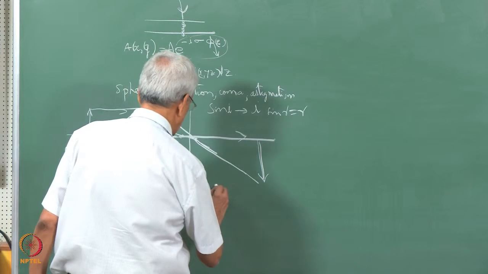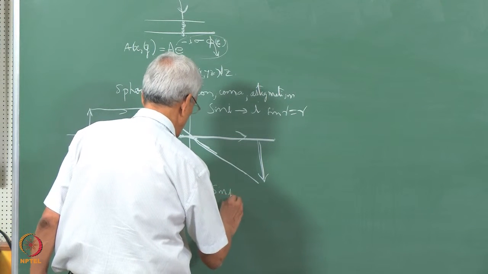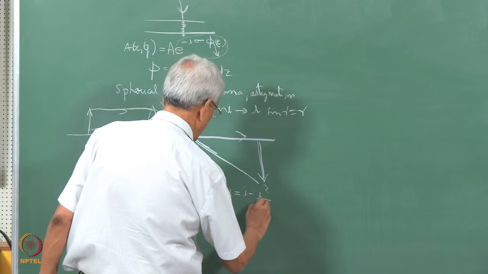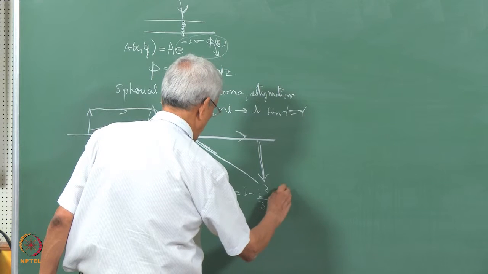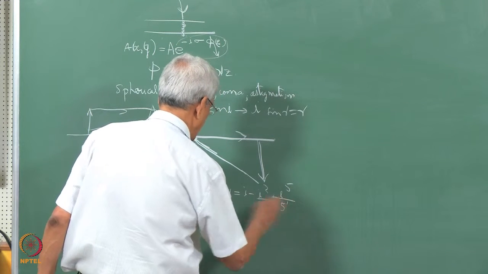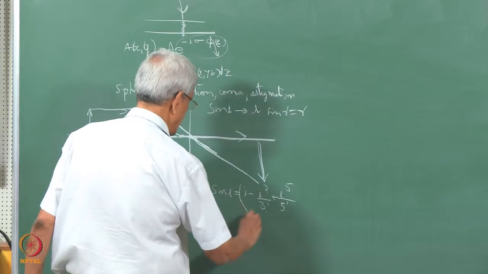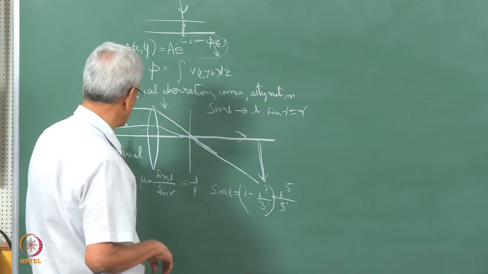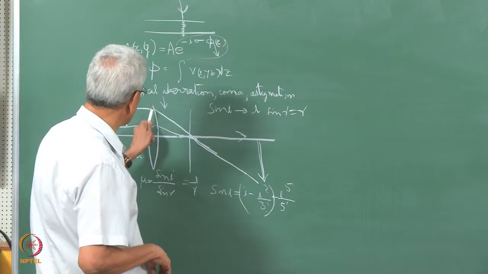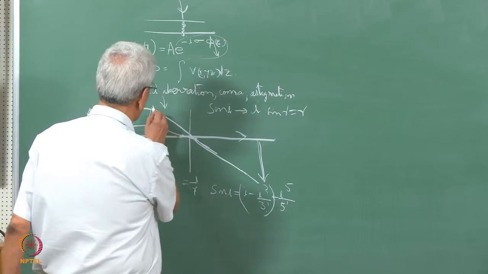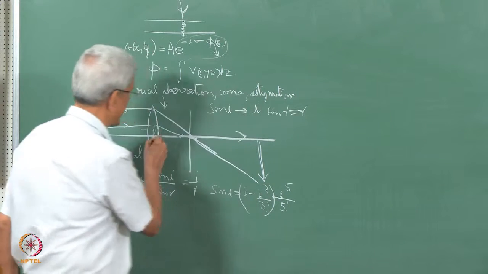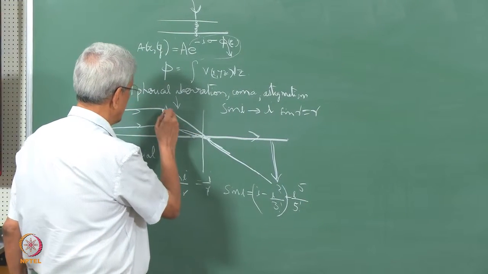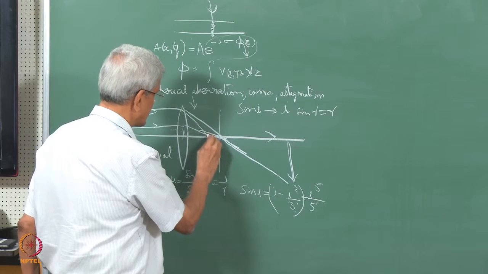So, in such a case, we know the expansion sin i equals i minus i cube by 3 factorial plus i to the power of 5 by 5 factorial, and this sort of expansion could be used. Essentially only the first two terms are taken, and this is called the third order correction. When we do that, the ray which is close to the optic axis cuts the optic axis here, and the ray which is far away from it cuts somewhere here.